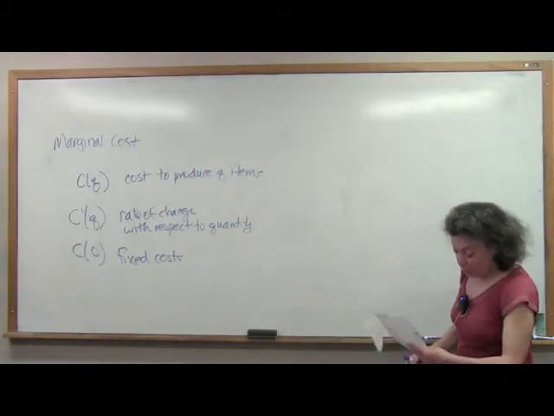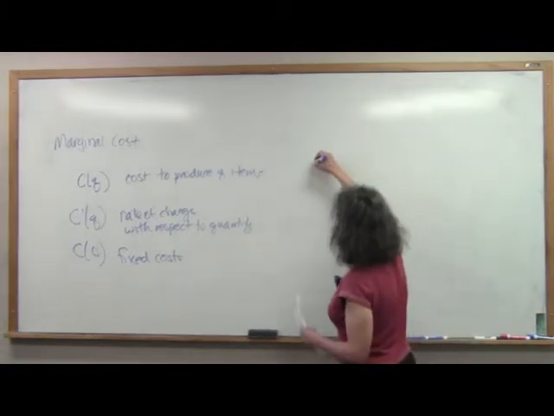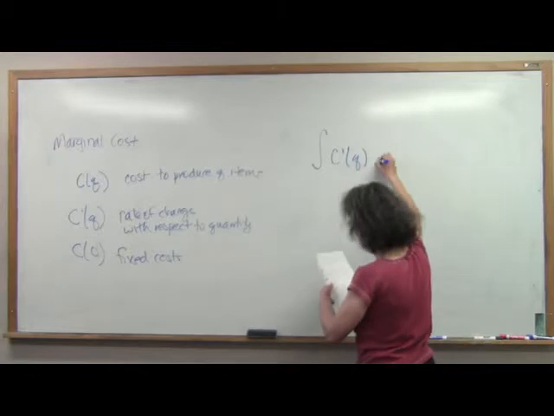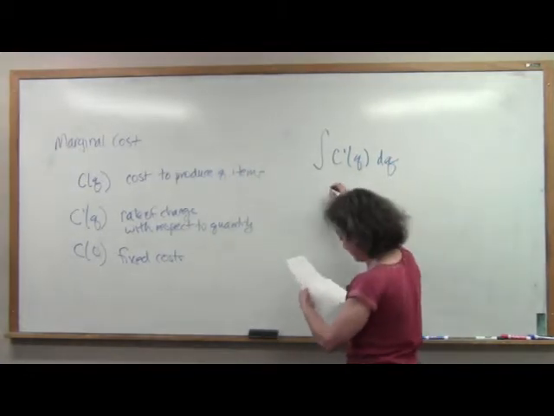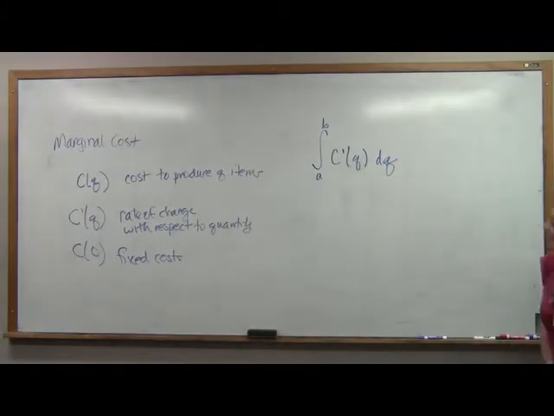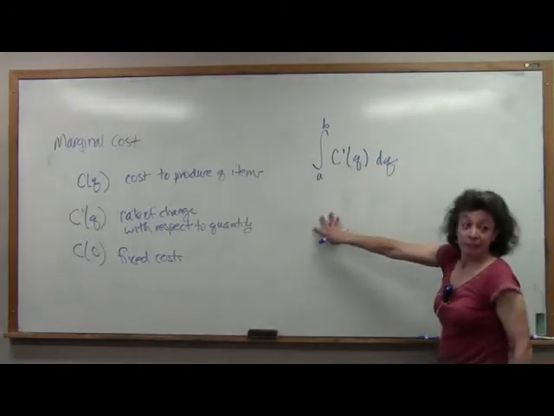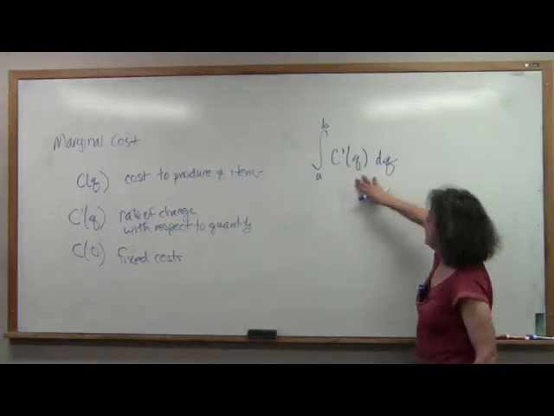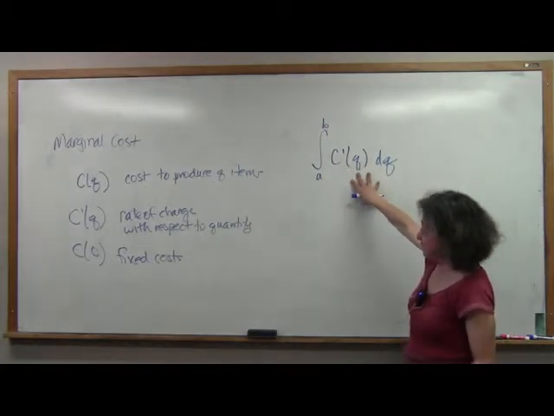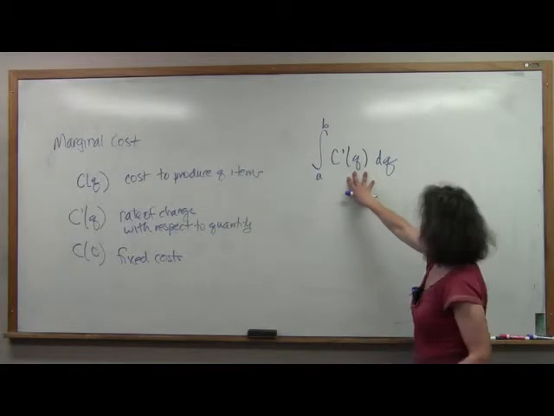So, what does it mean then to look at this integral? Okay, well, clearly we're going to get back to our cost function, and again, let's look at the units here. Okay, this is cost per item.